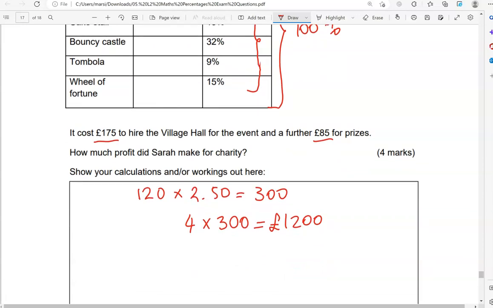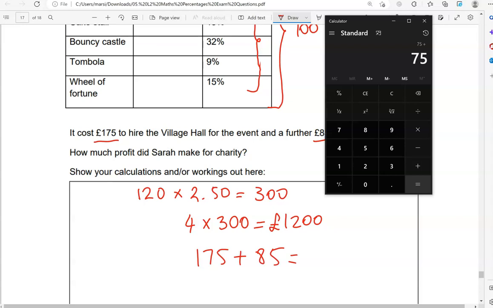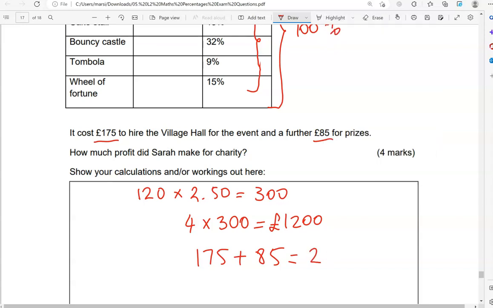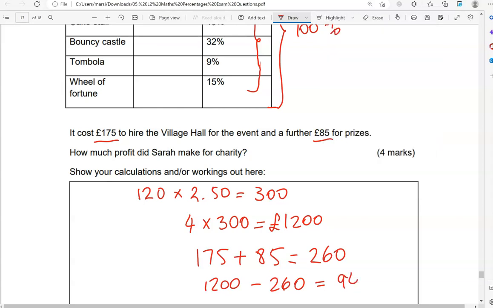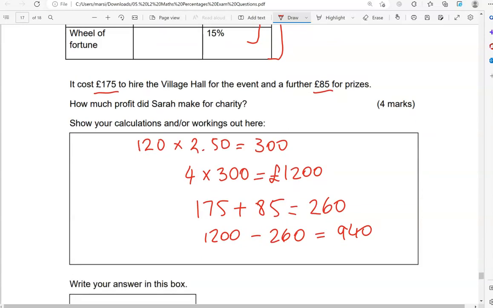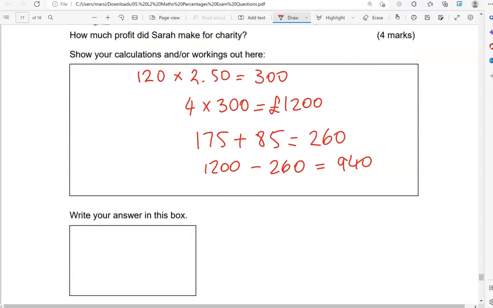So 175 add 85 gives us 260. 1,200 take away 260 gives us 940. So the profit is £940.